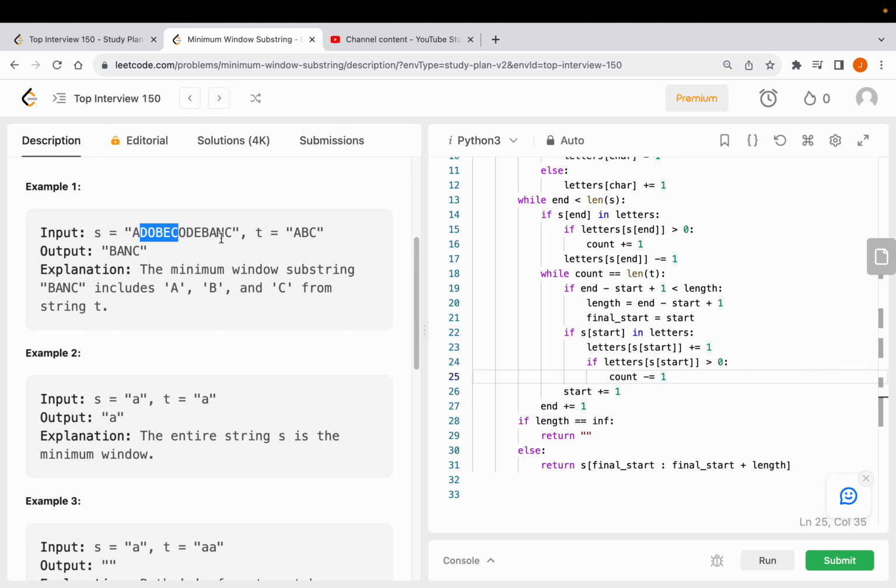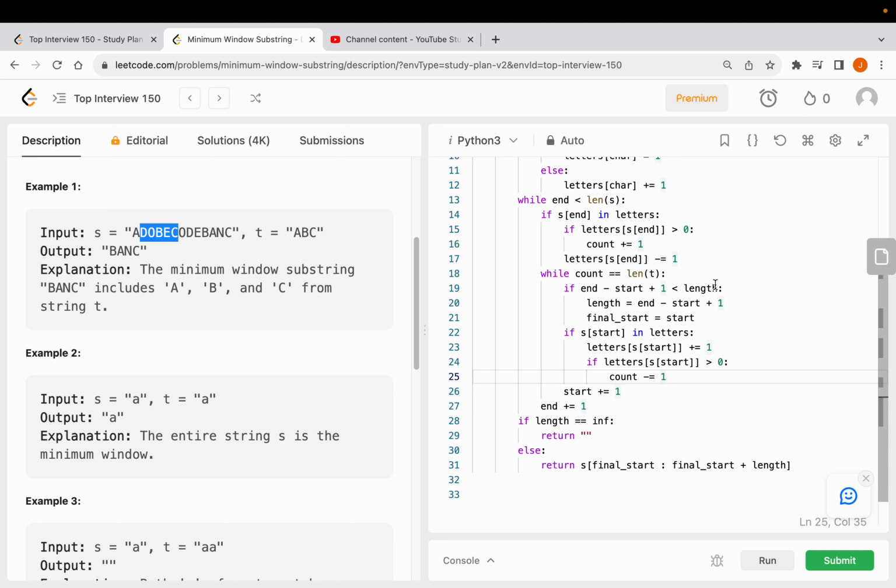Do we need that letter now? Because if we need that letter, then before we had count 3, because we found 3 that we needed, if we needed that first letter which is now removed, then we now only have 2. So count will decrement because we are now losing one of those letters that we need.